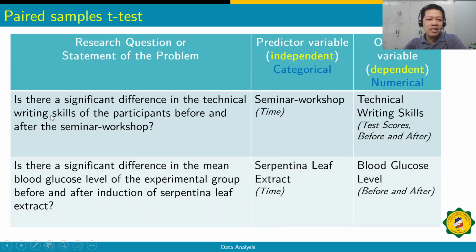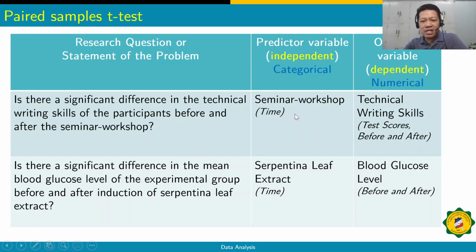Another example, is there a significant difference in the technical writing skills of the participants before and after the seminar workshop? So the independent variable is actually the seminar workshop. This is the strategy used, or the intervention or the treatment.